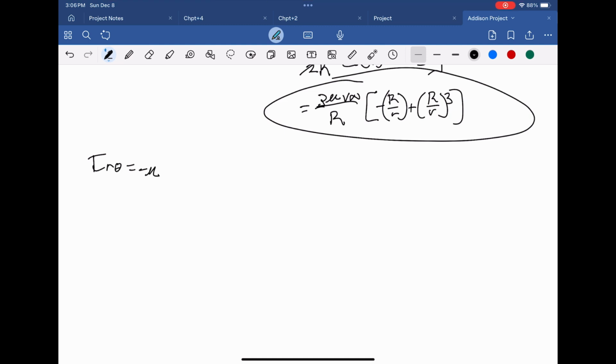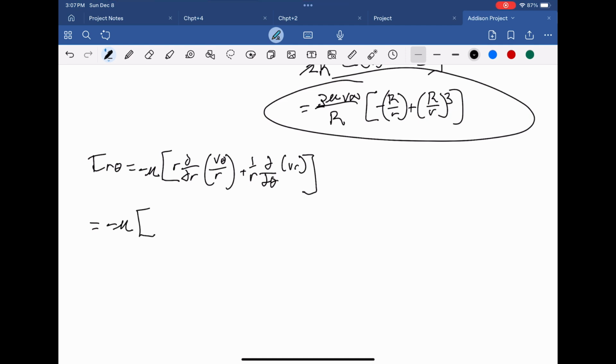For the next equation, we're going to be solving for tau r theta, which is equal to negative mu times r partial r of v theta over r, plus 1 over r partial theta of vr. Okay, so for tau r theta, we're just going to plug in the v theta equation for the partial r, and then we're going to plug in the vr for the partial theta, and we're going to be deriving.